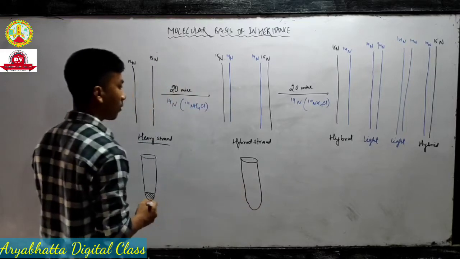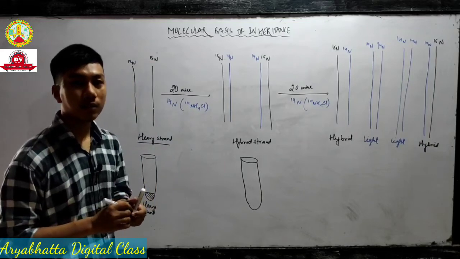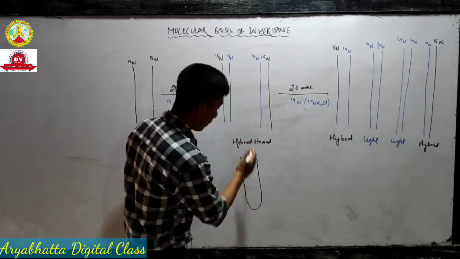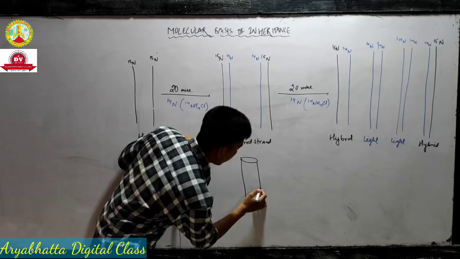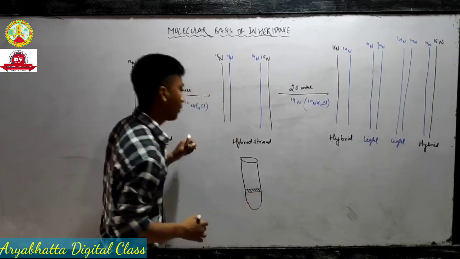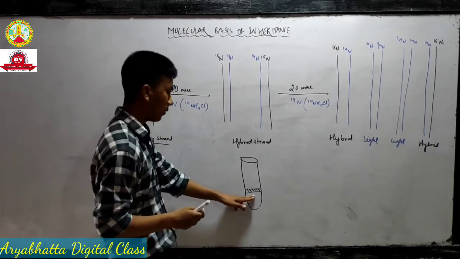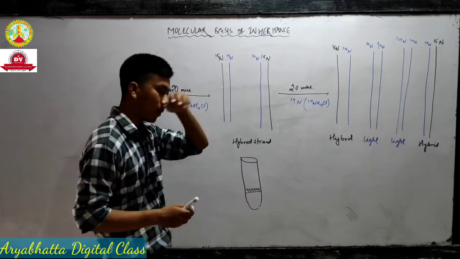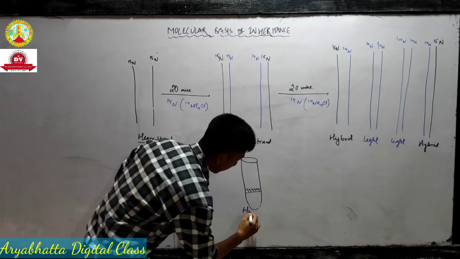By using cesium chloride to check whether the strands are heavy, light or hybrid, they have used cesium chloride as a density gradient and they have found out that this strand is slightly above the bottom part of the test tube, just below the middle part. So from there it indicates that those strands are hybrid strands.